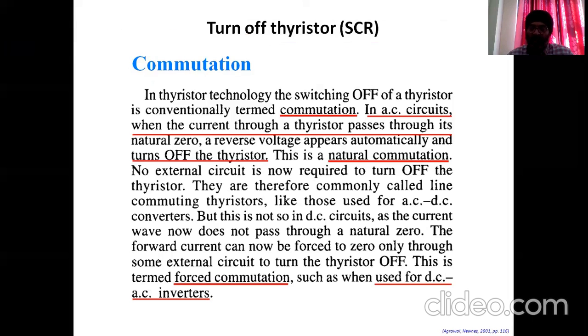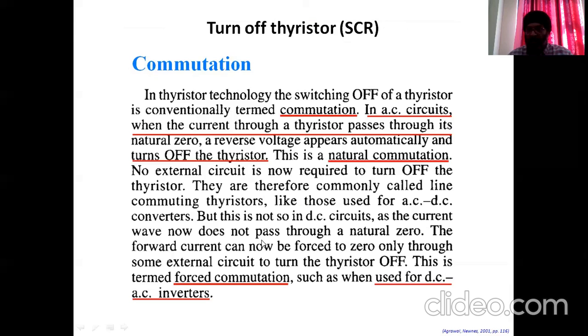Using this external circuit to turn off this SCR is called forced commutation. And this forced commutation we will be discussing in the DC to AC inverter section. And natural commutation we will study in AC to DC converters, rectifiers.